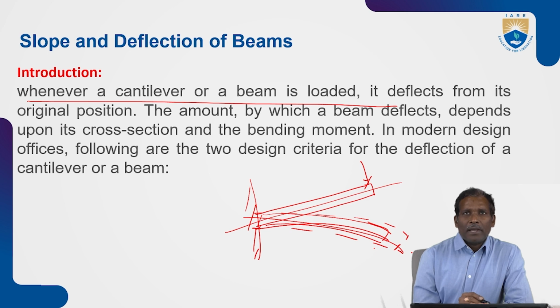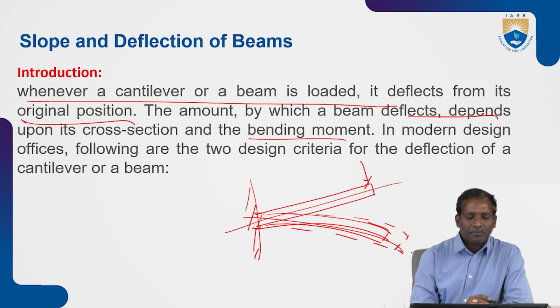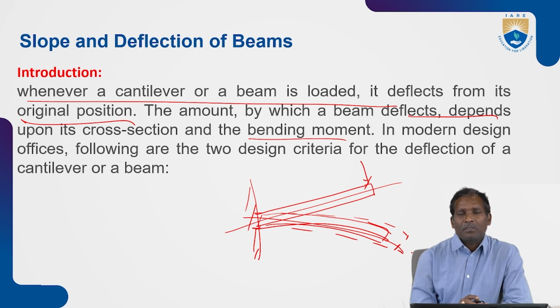The amount by which a beam deflects depends upon its cross section and the bending moment, how much it deflected.